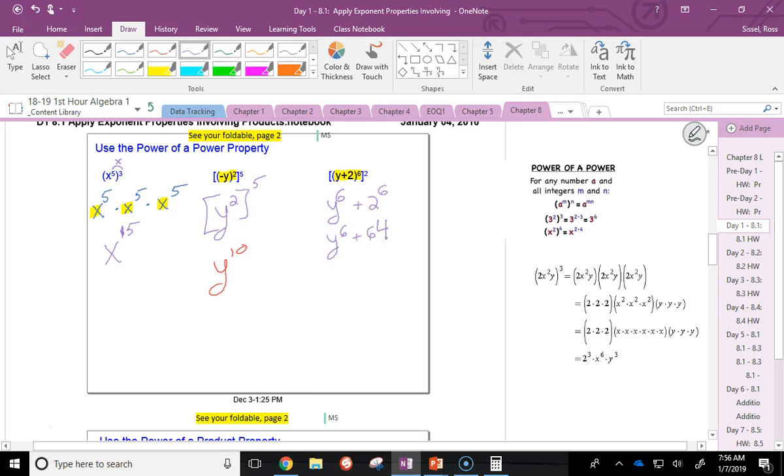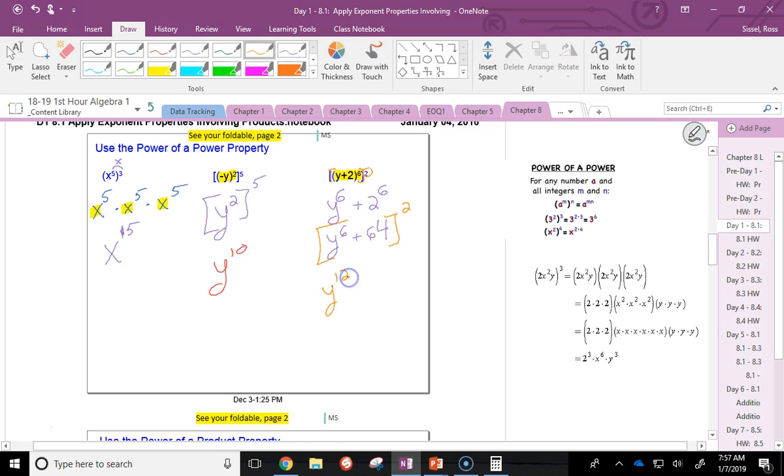Okay. But then we still had our brackets on there with this exponent. And so now what would this simplify down to? So we have y to the 6th plus 64 squared. What will this simplify down to? Y to the 12 plus 64 to the second.